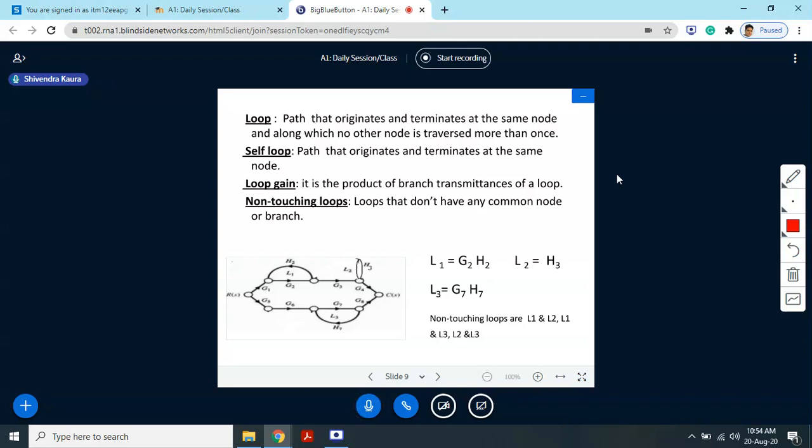So the loop is a path that originates and terminates at the same node, and along which no other node or transmittance occurs more than once.